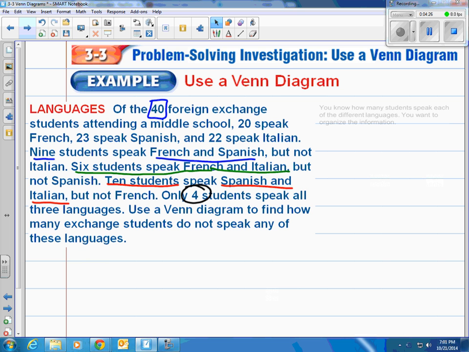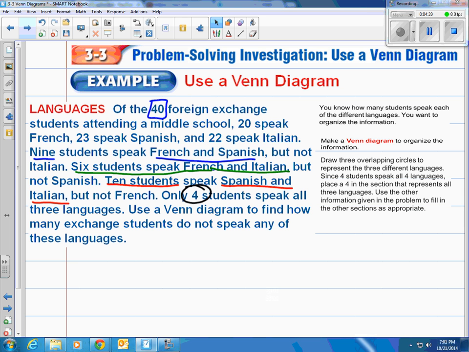All right. Well, you know how many students speak each of the different languages. You want to organize that information. So let's make a Venn diagram to organize the information. It says draw 3 overlapping circles to represent the 3 different languages.